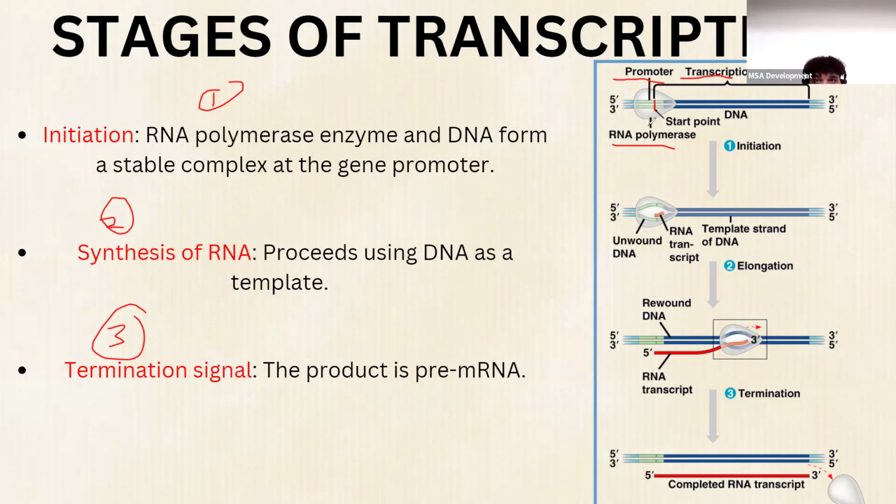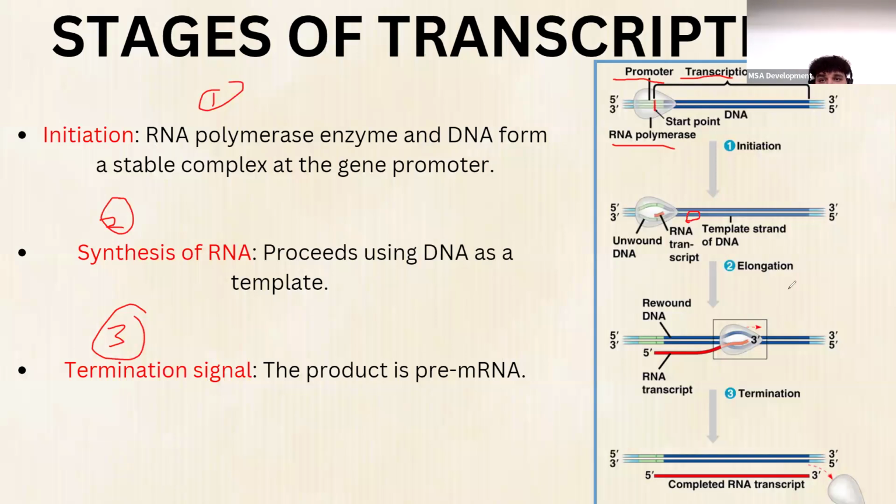After that, you have the synthesis of RNA. When it reads the start of transcription, it will start synthesizing the RNA. So it proceeds using DNA as a template. We talked about it, the template strand. So I'm going to use this strand right here and call it the template strand. You have the unwound DNA inside of the polymerase, and you have the RNA transcription taking place.